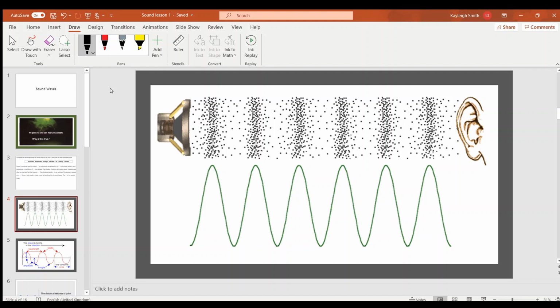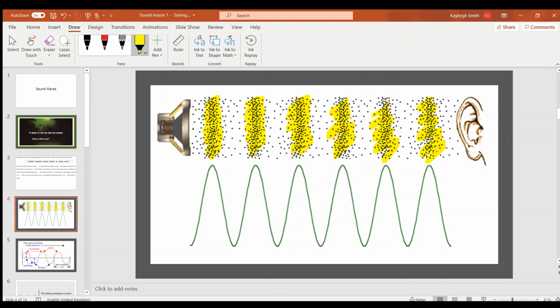So it's just a reminder then that those particles are causing vibrations. But what we can see here is where the particles are colliding with each other. And that vibration gets passed on through the air particles until it reaches your ear at the other side.